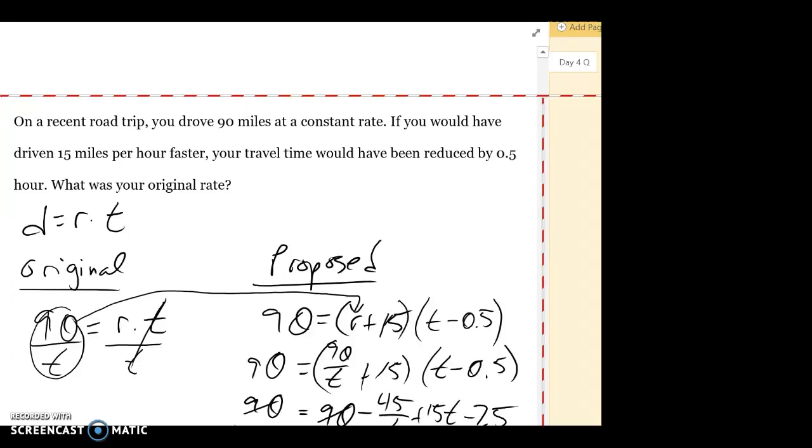Okay, and then at this point, it's up to you how you want to go about solving this question. You could go through and get rid of your coefficients by dividing through by 7.5. That'll also work. Let's go ahead and write in descending power. So we have 15t squared minus 7.5t minus 45.